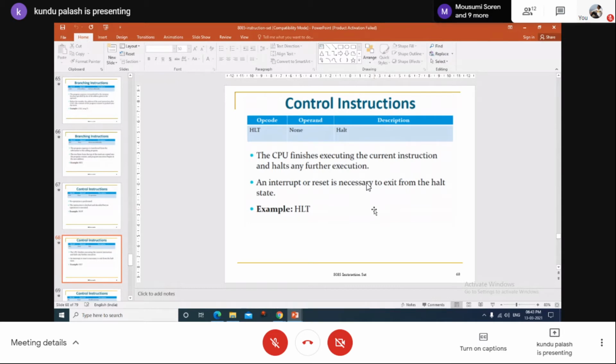The CPU will come out from the halt state when an interrupt or a reset is applied. That is it. So DI and EI are different types of instructions which are used for the interrupt process. This should be learned afterward. What is the interrupt process? What are the different types of interrupt? Now, where will you apply this programming code? That's why you have to learn this.